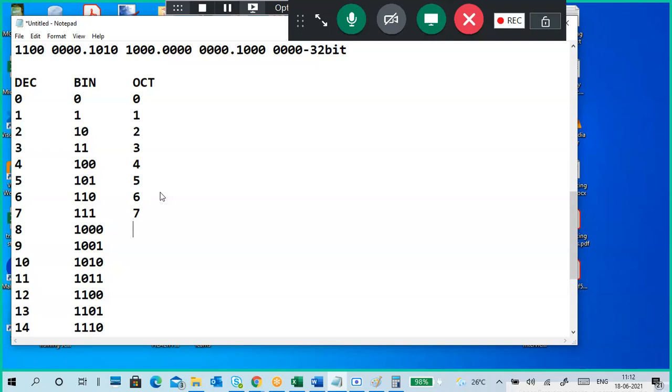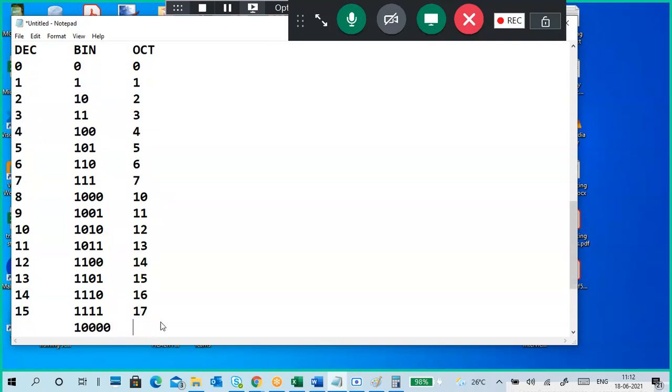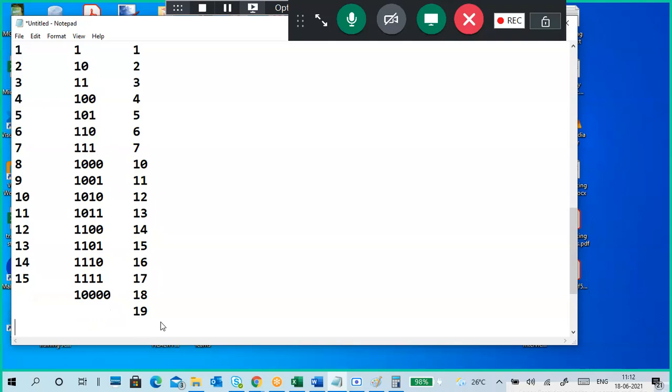After 7, no numbers. Again, we start like 10, 11, 12, 13, 14, 15, 16, 17, then 20. Anything?